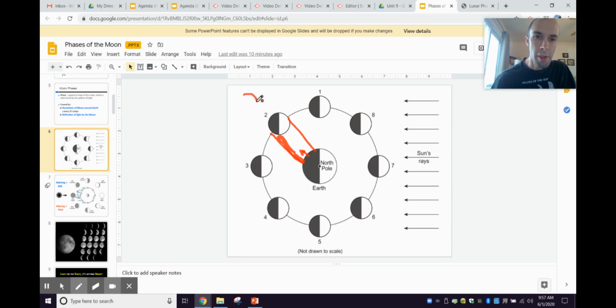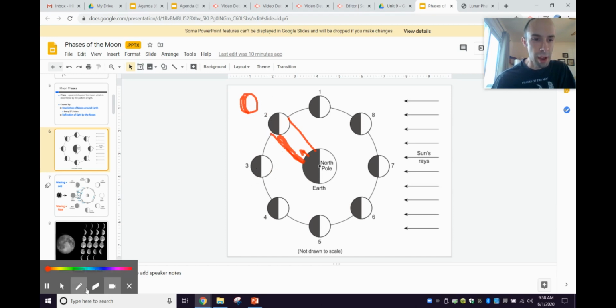And if I were to draw what that moon looks like, it looks like this, where only a tiny portion of it is dark on the left-hand side. Most of it is lit up, okay? It's not 100% lit up, but it's more than half. And we call that a gibbous moon, a waxing gibbous moon, okay?